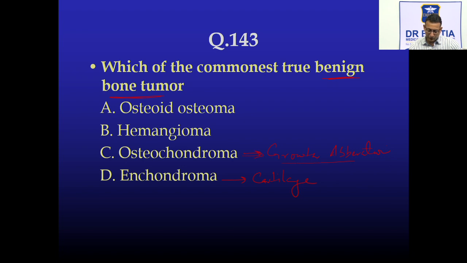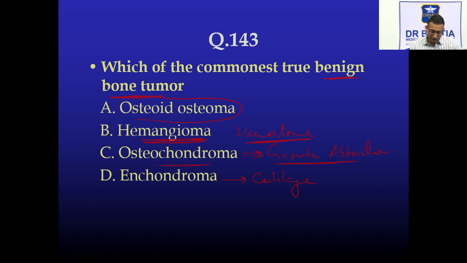So this is also not a true bone tumor. Okay, hemangiomas are malformations in the vessels inside the bones, and this is basically a hamartoma, and this is also not a tumor of the bone, this is basically related to the vascular tissues.